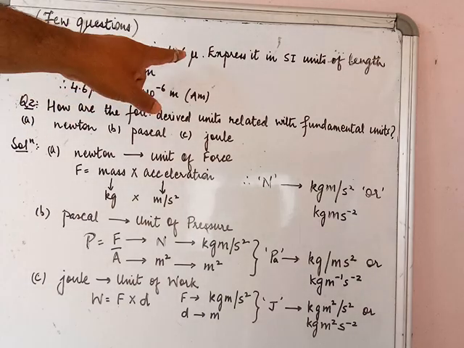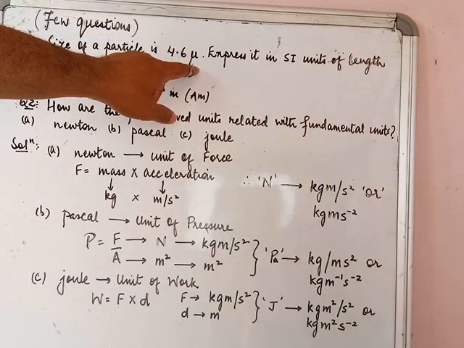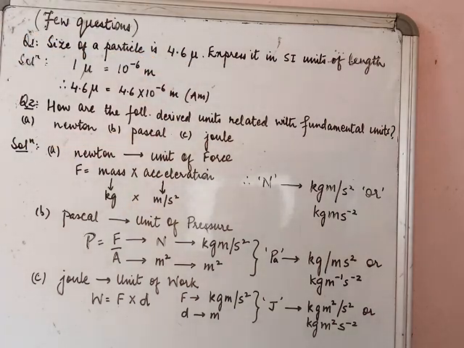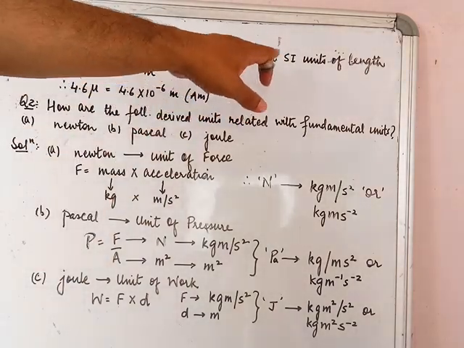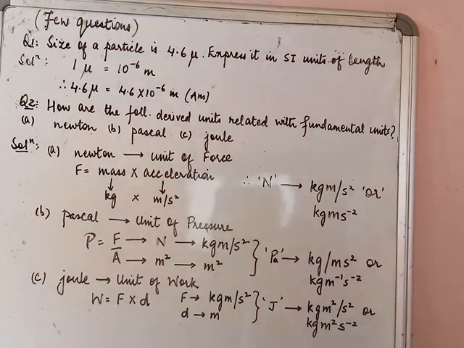Now this symbol is not just used as a prefix for the units of length. It can also be used in terms of the units of time, for example microseconds. Over here it is micrometers, since in the second half of the question you see express it in the SI unit of length.